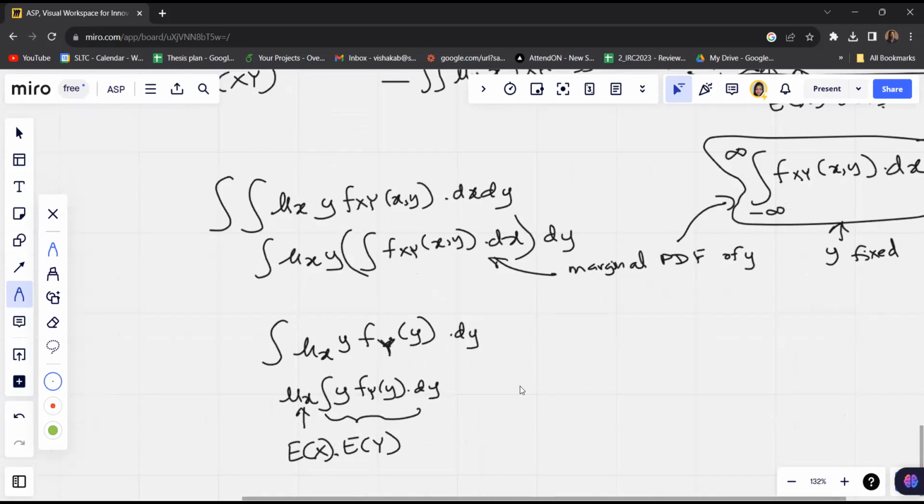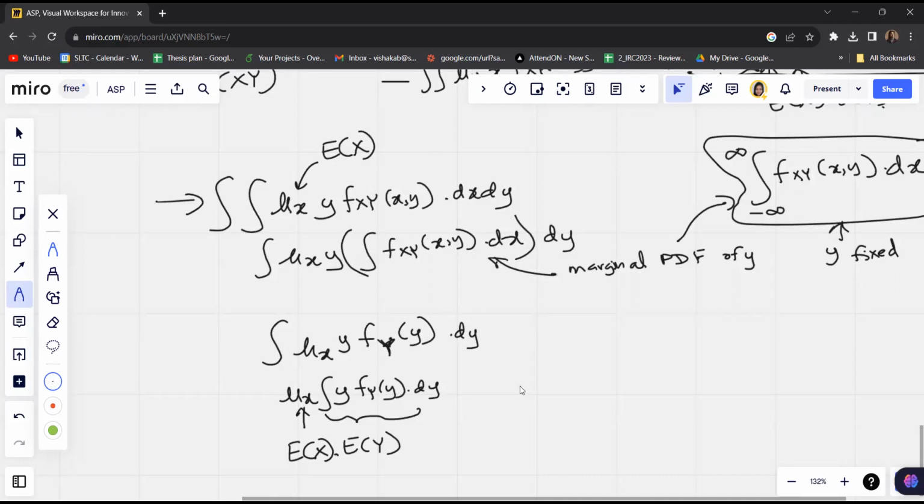Initially we started with this integration and we had this expression, and mu x is actually E[X], which we can denote anytime. We can take this out because it's a constant. Once we have it out, we are left with this other integration, which is purely related to the y variable. It can be denoted using E[Y], because the definition is that once you take the product between y and its PDF function and take the integration, it will result in the expectation of that random variable.